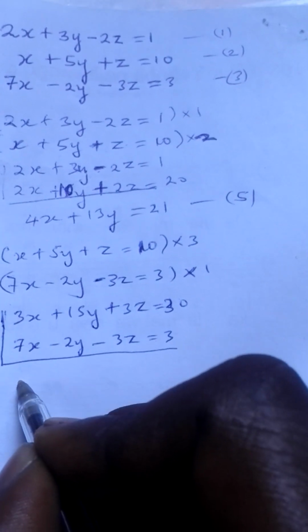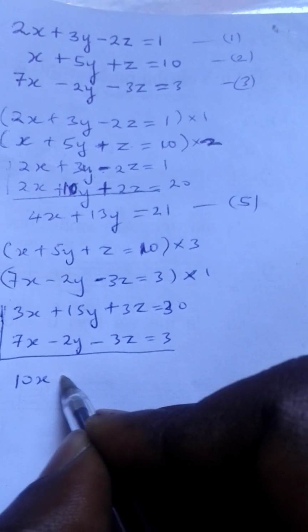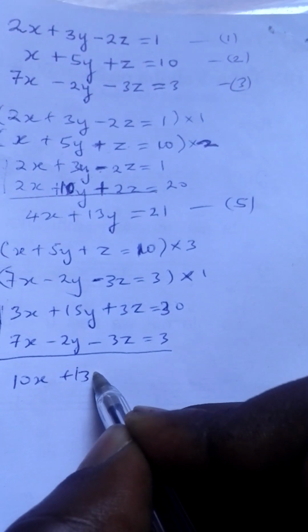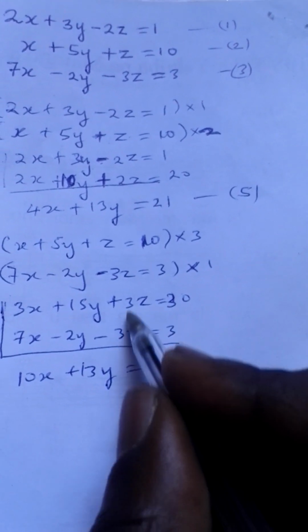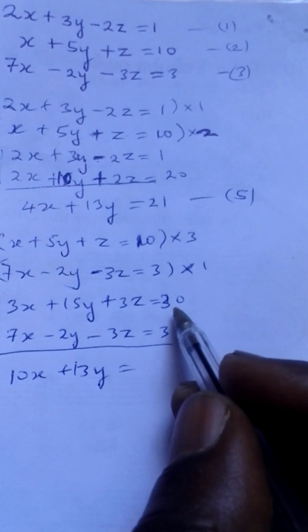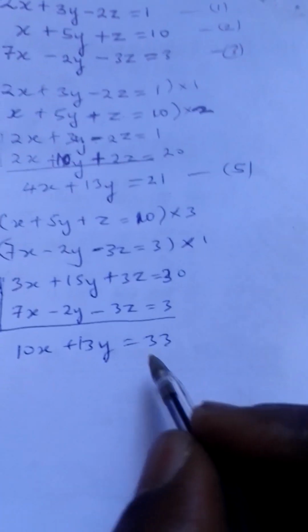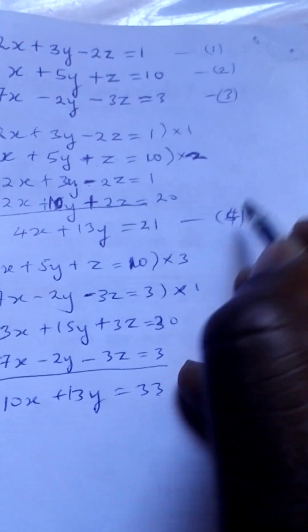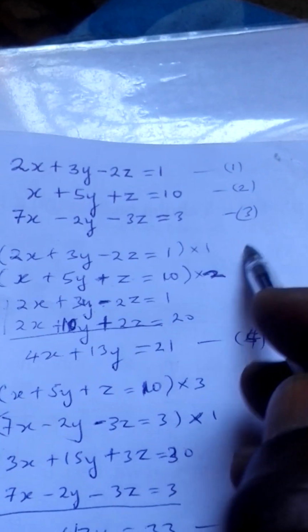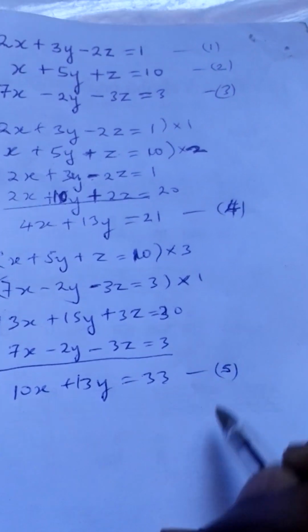So this is going to be 10x, this is going to be 18y, and finally the z goes, and 30 plus 3 is 33. So we have got the equation. Now this was equation 4. Remember, from equations 1, 2, 3, we made equation 4, so this has to be equation 5.